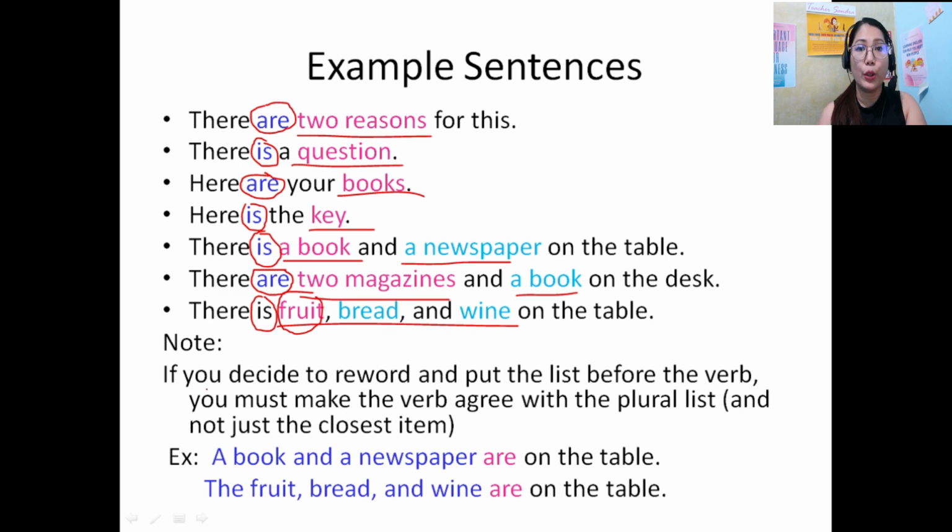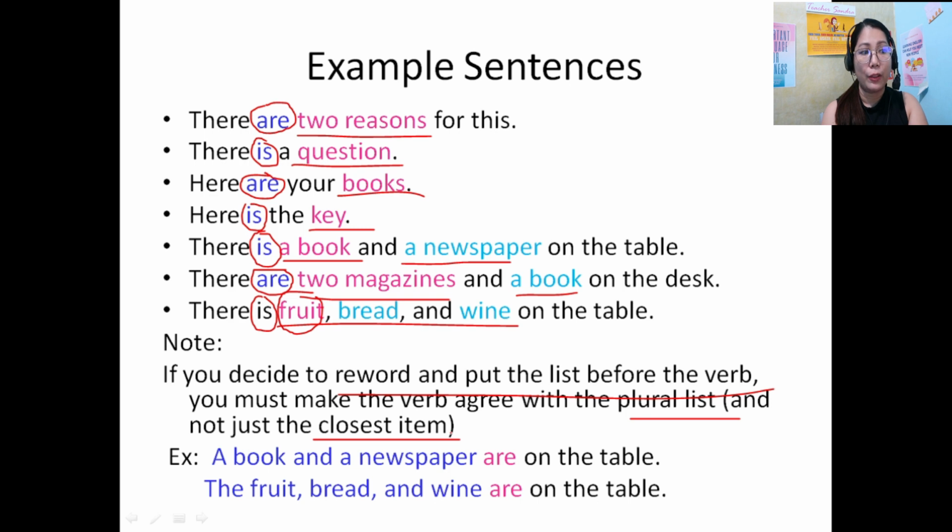Okay. Note, this is very important. If you decide to reword and put the list before the verb, so you want to put the subject at the beginning, you must make the verb agree with the plural list and not just the closest item, just like what we studied in the previous lesson.